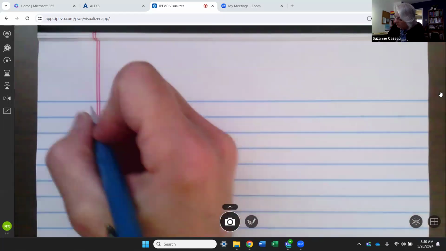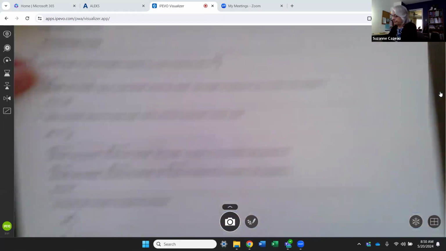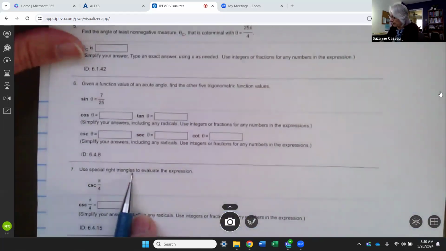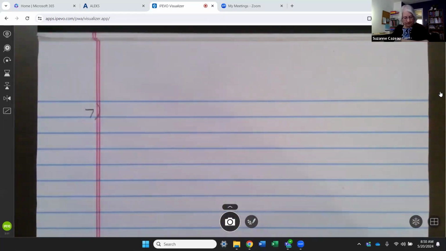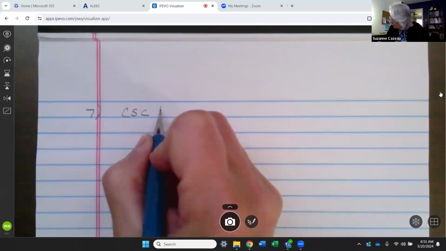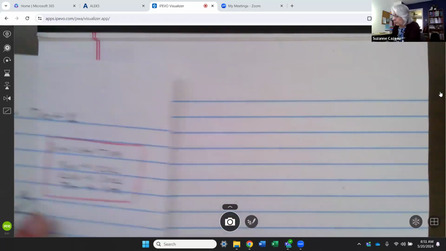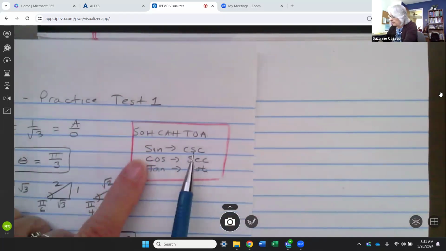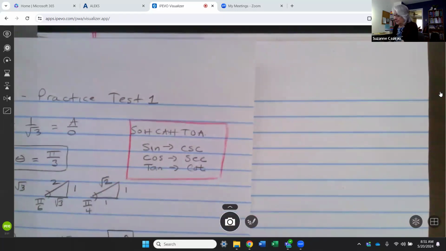Number 7. It says, use special right triangles to evaluate the expression. Okay, it says cosecant pi over 4. Well, if I look at this again, I know that the cosecant is going to be hypotenuse over opposite.